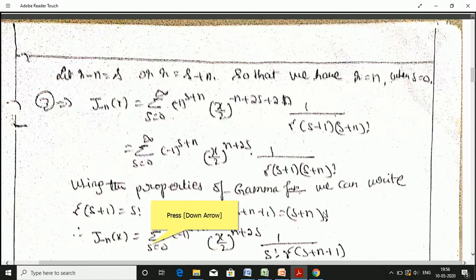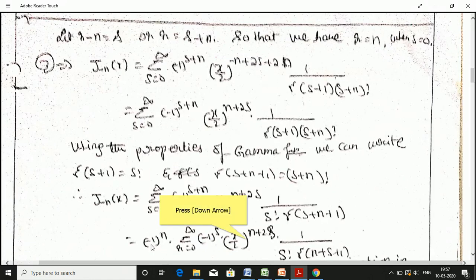So instead of s plus n factorial, I have written it as gamma of s plus n plus 1, and s plus 1 I am writing as s factorial. So J minus n of x is equal to summation s is equal to 0 to infinity minus 1 to the power of s plus n into x by 2 to the power of n plus 2s into 1 by s factorial into gamma of s plus n plus 1.